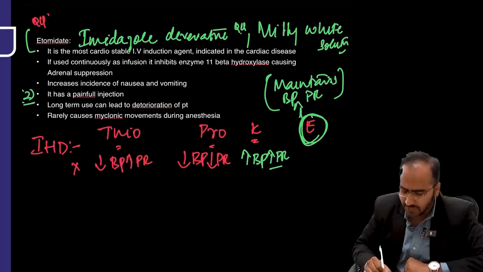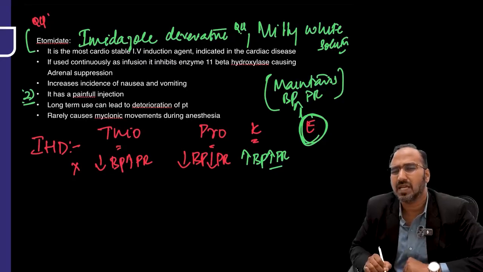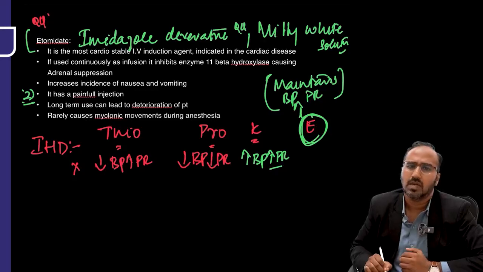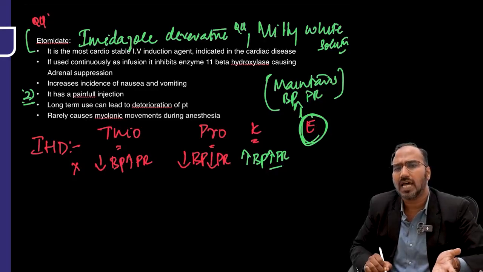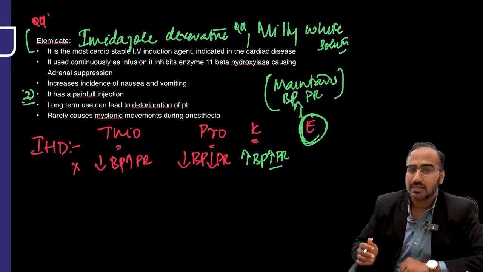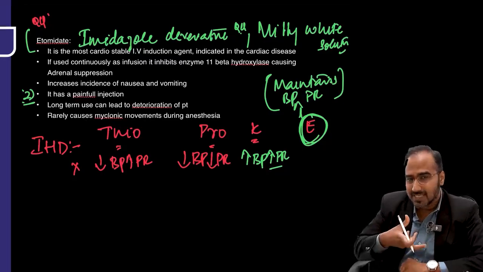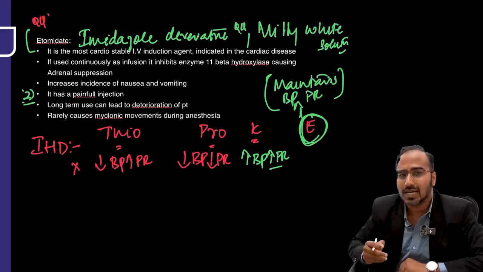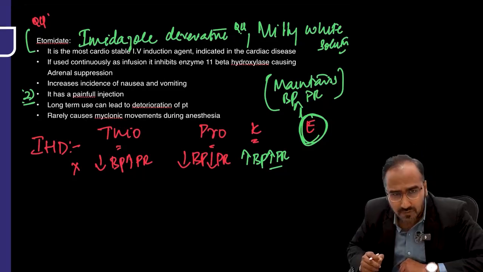Painful injection. Second point you have to remember. But guys, is a painful injection a new thing for you? No. Almost all IV induction agents are painful except ketamine. So the bad points of etomidate are that it's a painful injection. Apart from that, you can't give etomidate as a long-term infusion.